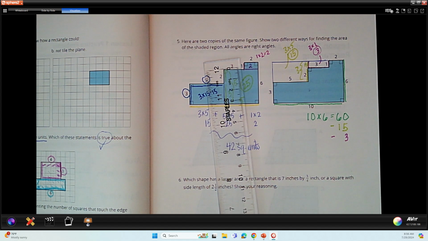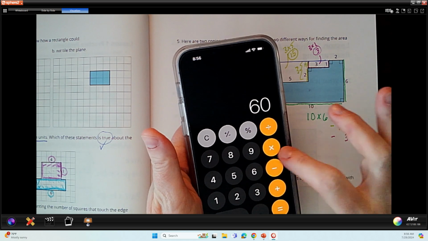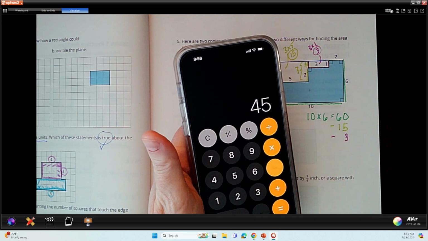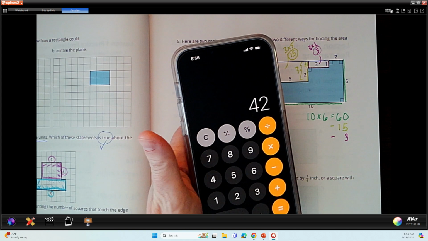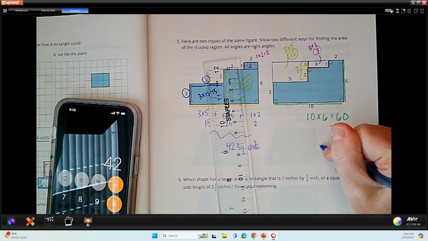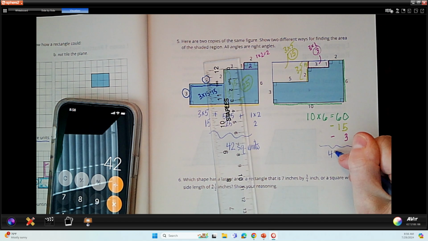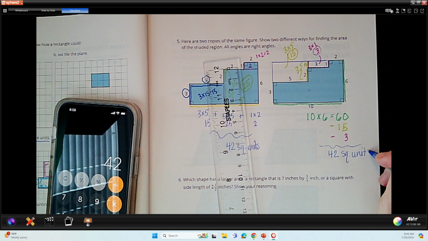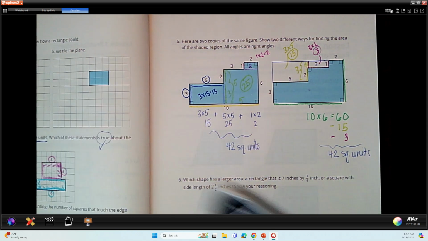It is okay to take a look at the calculator here. And we've got 60 minus 15 minus 3. Same answer as the other problem. 42 square units. Okay? All right, so that is it for these questions.